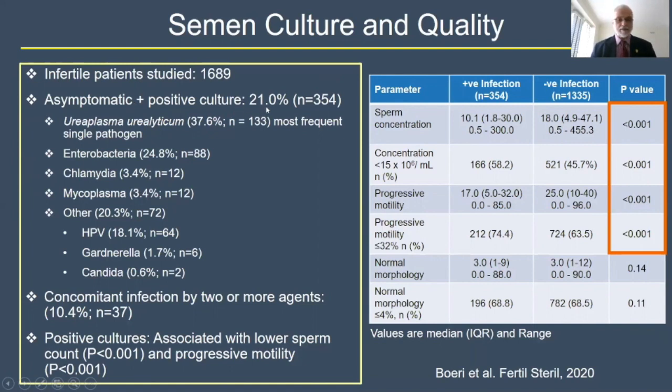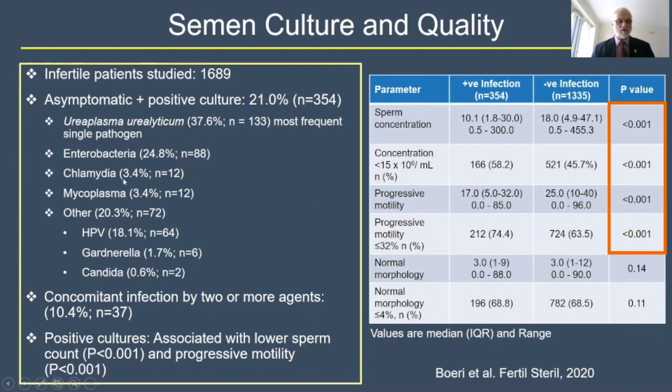It's a substantial number. Most of the pathogens found were Ureaplasma urealyticum, and there were enterobacteria, chlamydia, mycoplasmas, and others, even including a virus. And in more than 10%, more than one pathogen was detected in the semen.